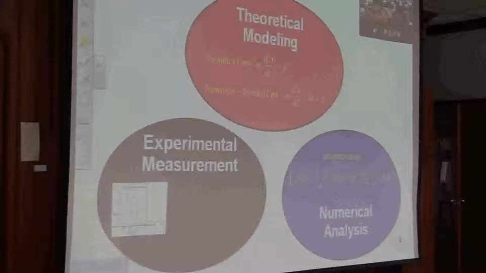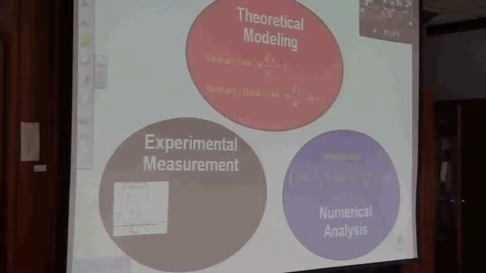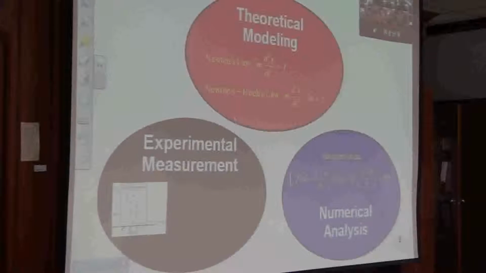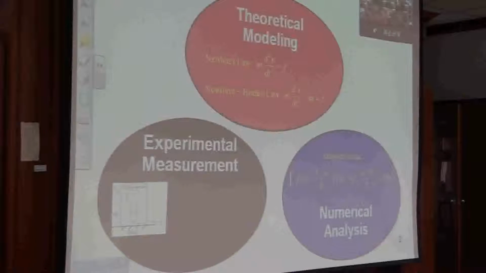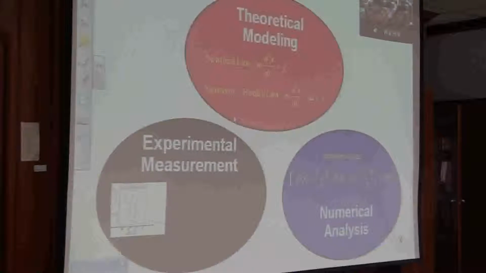This small picture is a mass spring dashpot system that you often see in control. And what do we need to measure experimental data? This is a question for you.